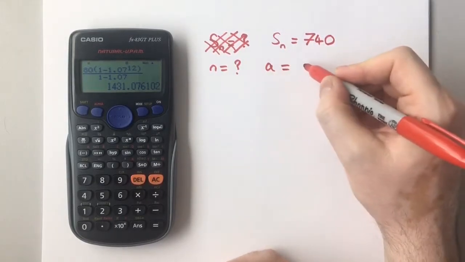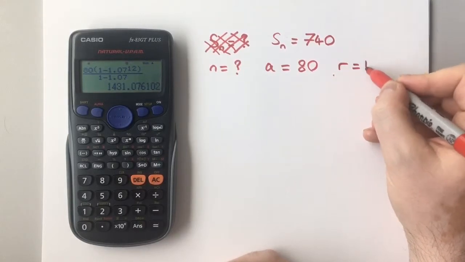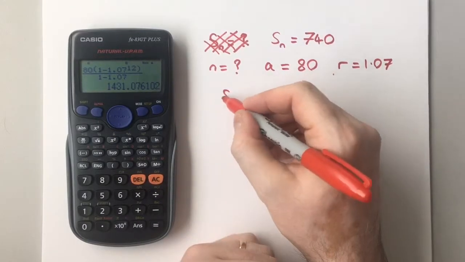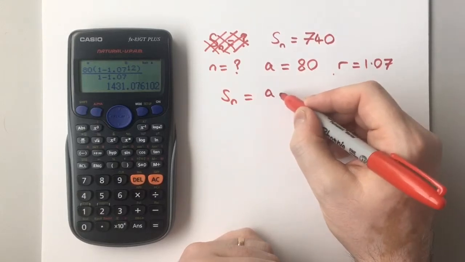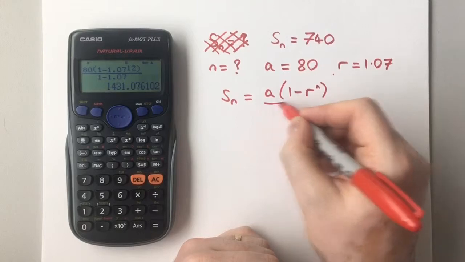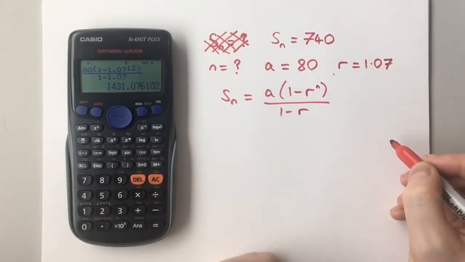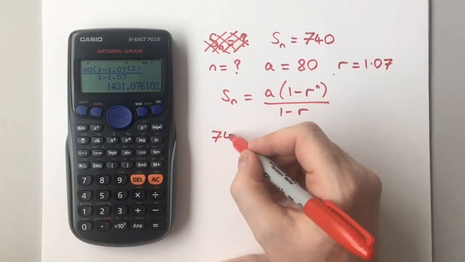N is the unknown part. A is still 80, and R is still 1.07. The formula is still the same one as we had in part B. If we substitute in, Sn is actually now known.